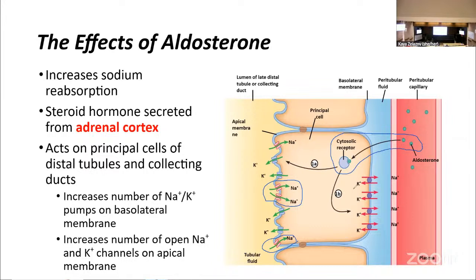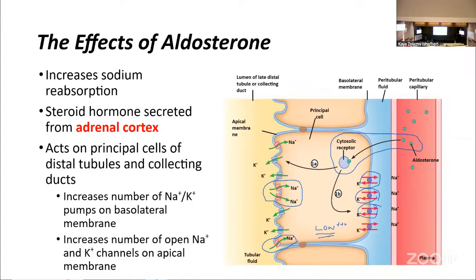So we can see here, aldosterone opening up these sodium channels. It would also be increasing how many sodium potassium pumps we have here on the basolateral membrane. So it's making this gradient really extra noticeable, right? So we're making the sodium especially low here in the cell.